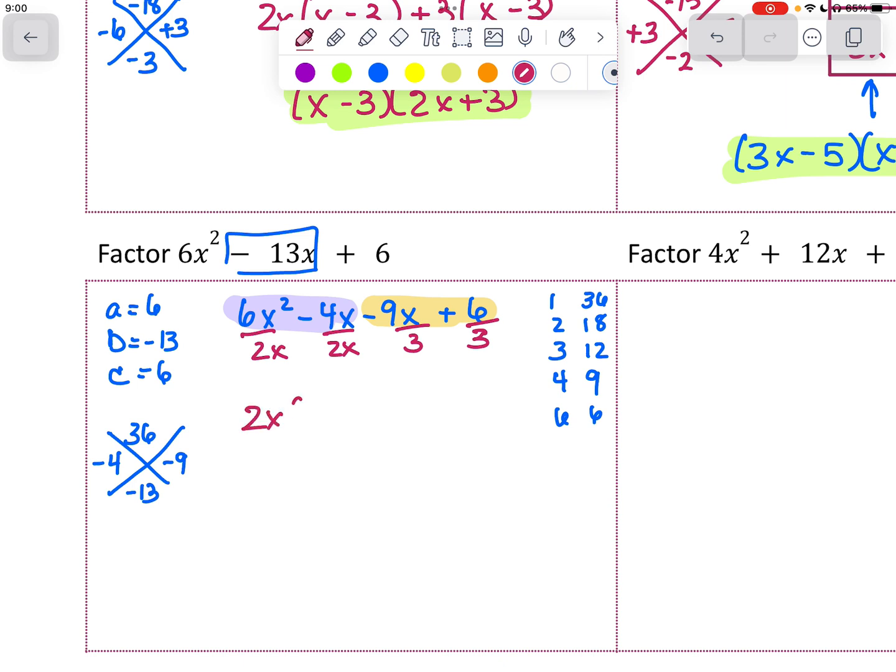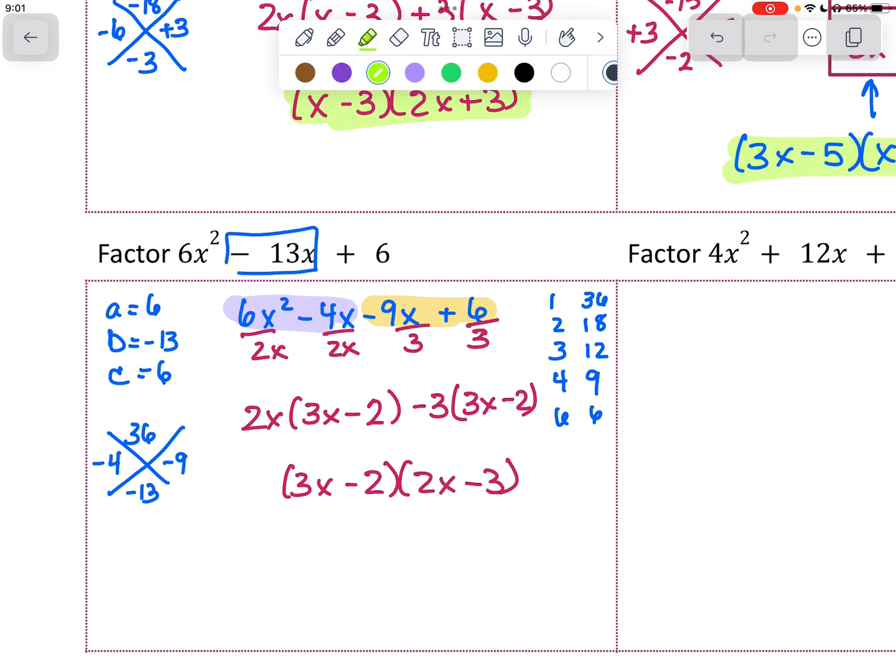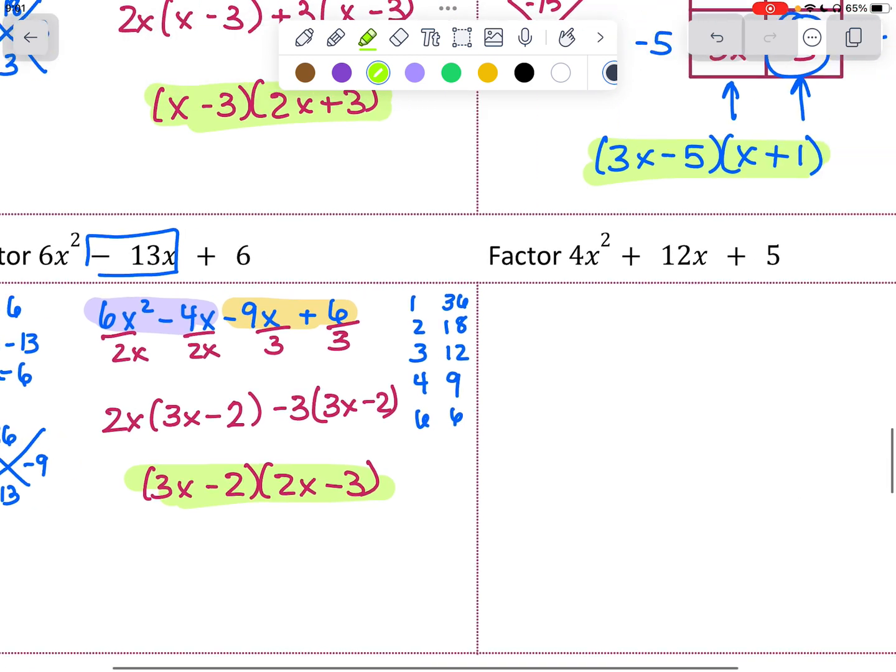So I factor out a 2x, and that leaves me with 3x minus 2. And then 3x minus 2. So then it's my shared factor and then the leftover part. And that is my factored form.